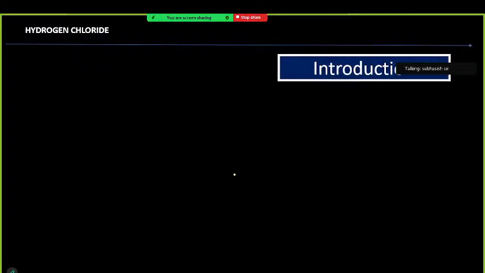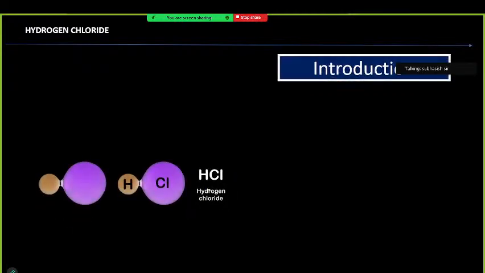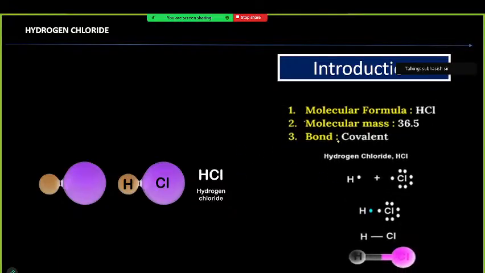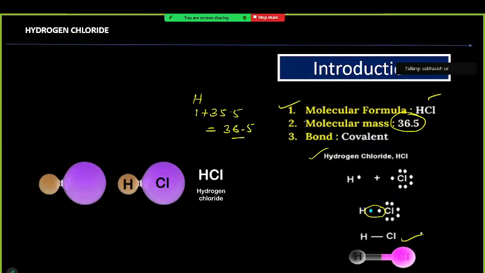Now starting with hydrogen chloride, HCl. Here you see its molecular formula is HCl and its molecular mass is 36.5, that is hydrogen 1 plus chlorine 35.5, so a total of 36.5. This is the Lewis dot structure where one electron of hydrogen and one of chlorine participate in covalent bonding.